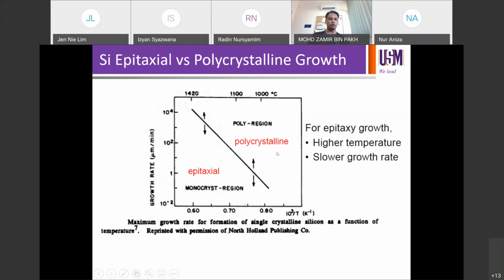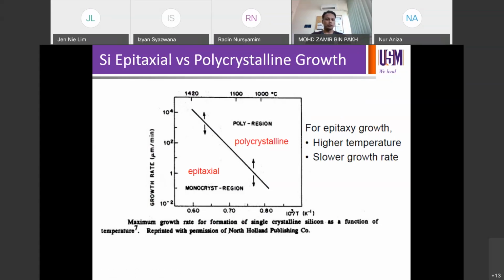So if you go for higher temperature, that means you're going to the left of the x-axis. That will tend to form a monocrystalline quality of the film. So that means it's epitaxial already. If you go to the right, to the lower temperature, normally we tend to get a polycrystalline film being deposited on the substrate.